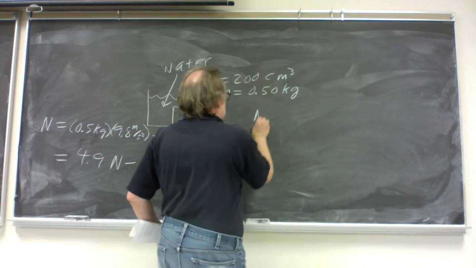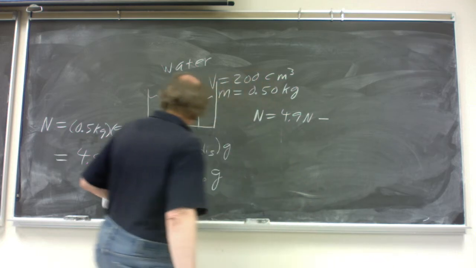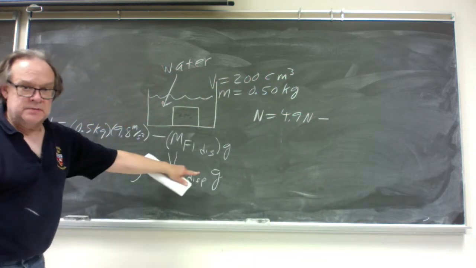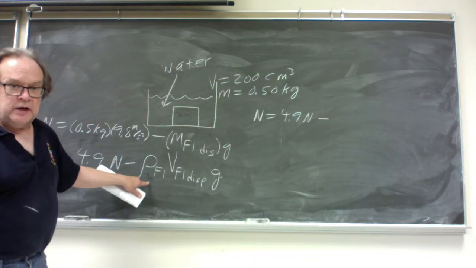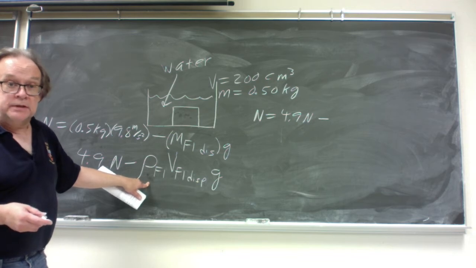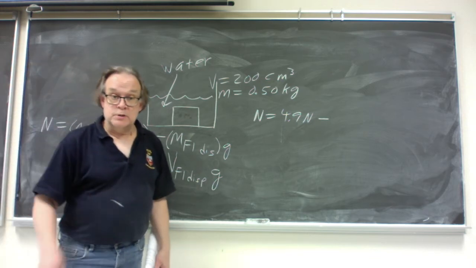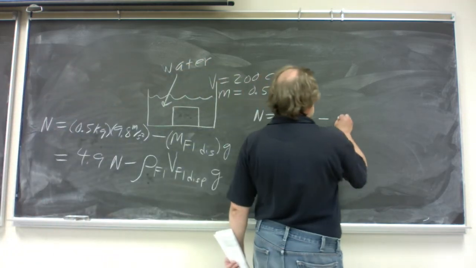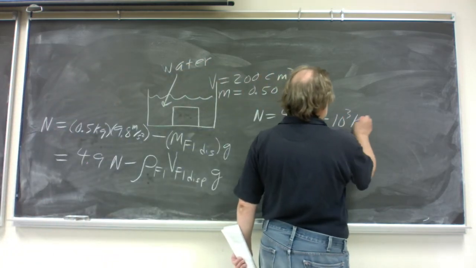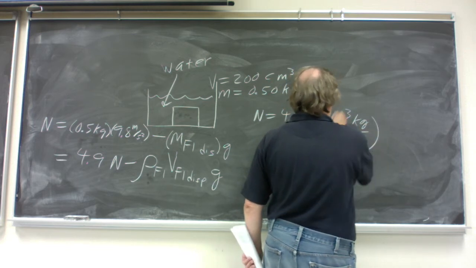So normal force is 4.9 newtons minus this second term, and the first factor there is the density of water. You can look that up in the beginning of chapter 13, and you find that the density is 1,000 kilograms per cubic meter, or 10 to the 3 kilograms per cubic meter.